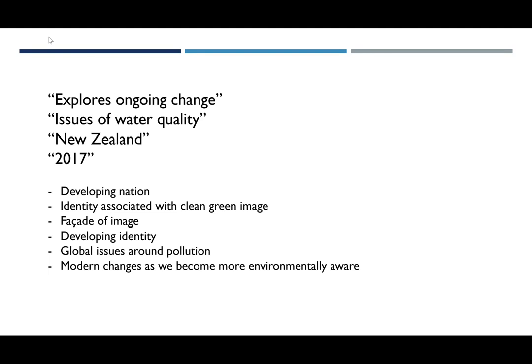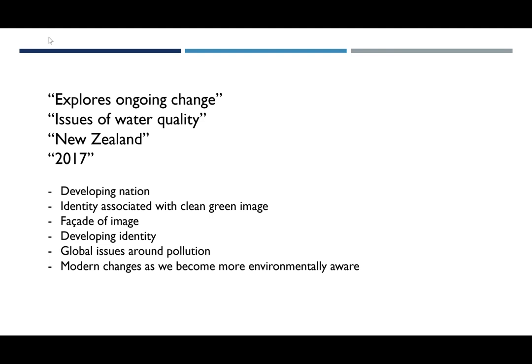We're not a nation necessarily with the longest history, obviously, if we're looking at a colonialized history. We've got an identity that's associated with a clean green image and the fact that it's told me it was about water quality, New Zealand, and change. I'm thinking that's going to have something to do with it.